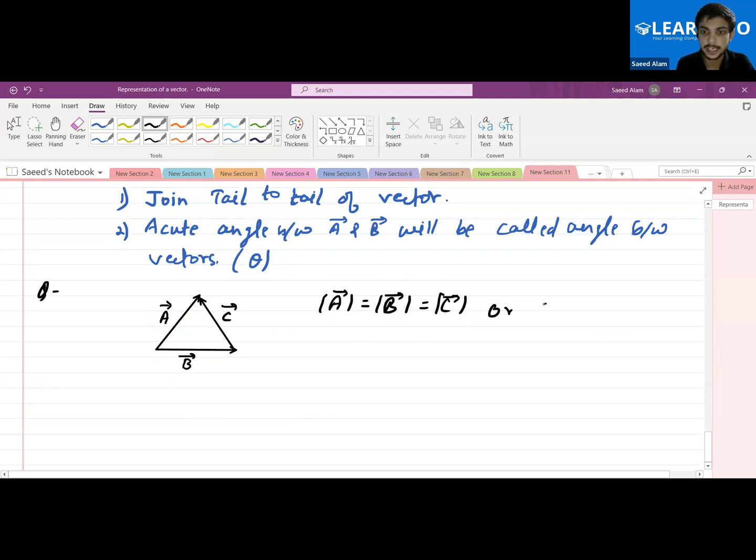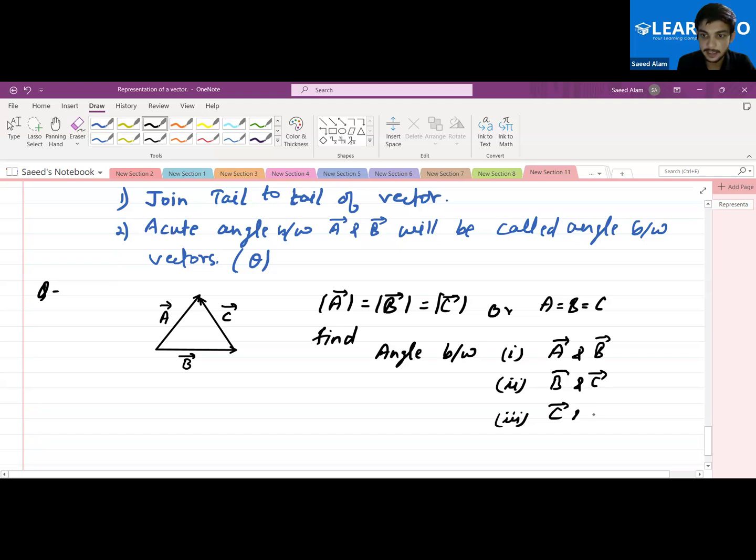Or else I can also write it as A equals B equals C. Now you need to find the angle between, first, A and B. The second is B and C. The third is between C and A. Find these.